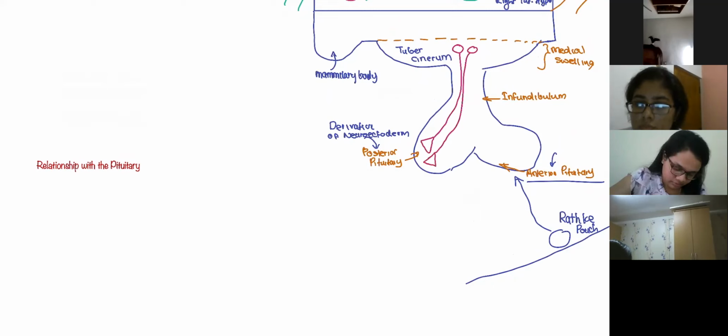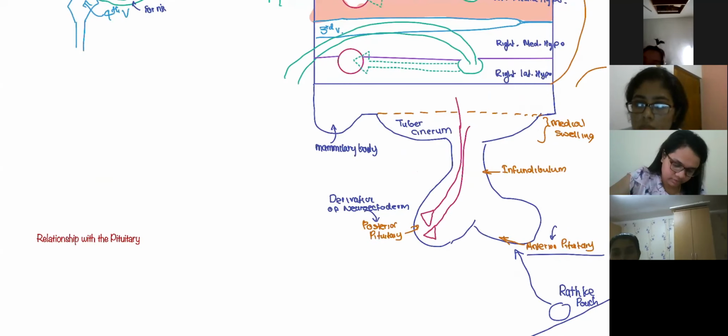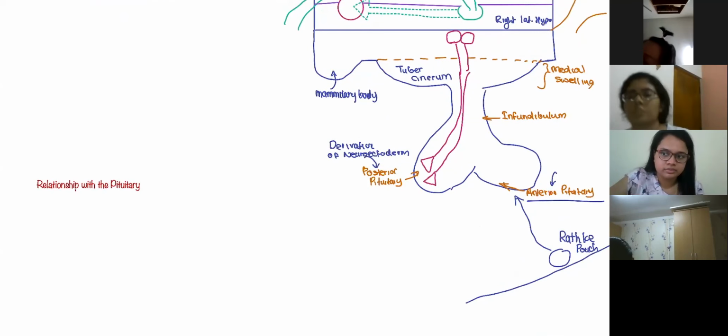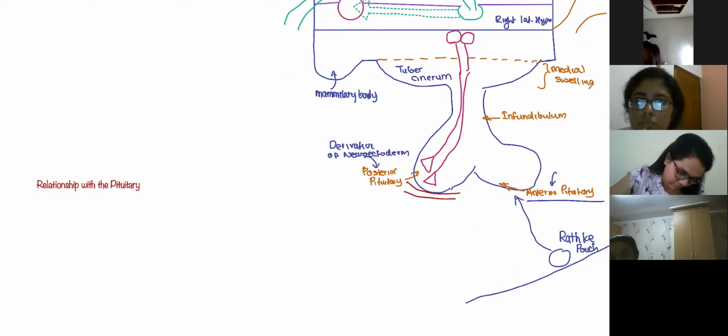What are the two hormones that are produced in the, okay, this is not from the mammillary body, it's from the hypothalamus. What are the two hormones that are produced by the hypothalamus and released from the posterior pituitary? Here are the blood vessels. Come on, guys.